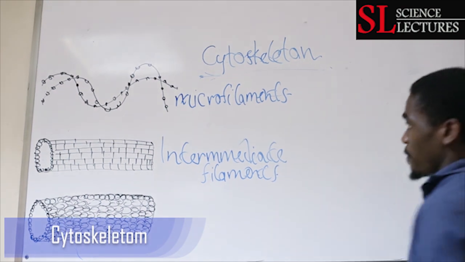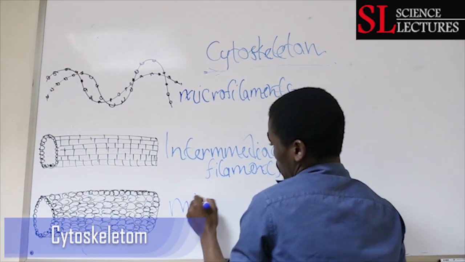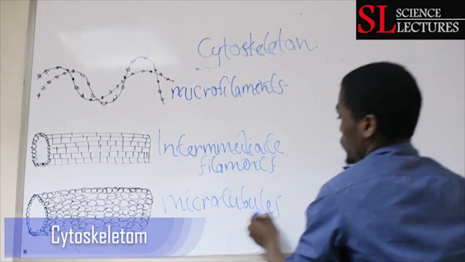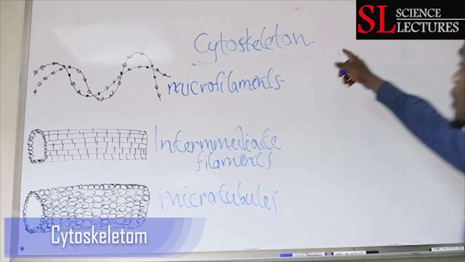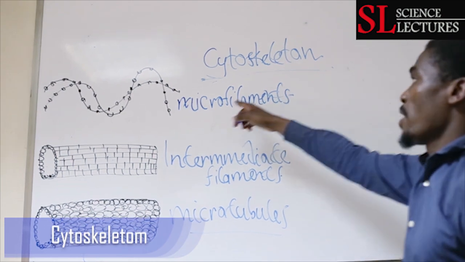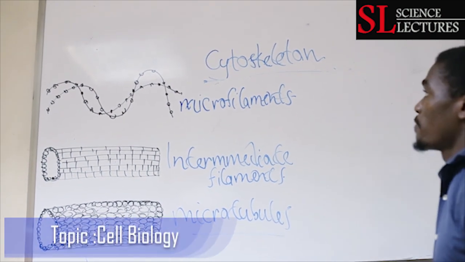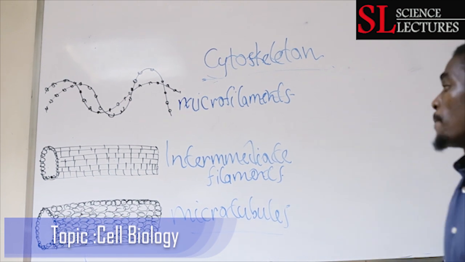Then finally, we have the microtubules. All these are part of the cytoskeleton. So the cytoskeleton, the skeleton of the cell, has microfilaments, intermediate filaments, and microtubules.